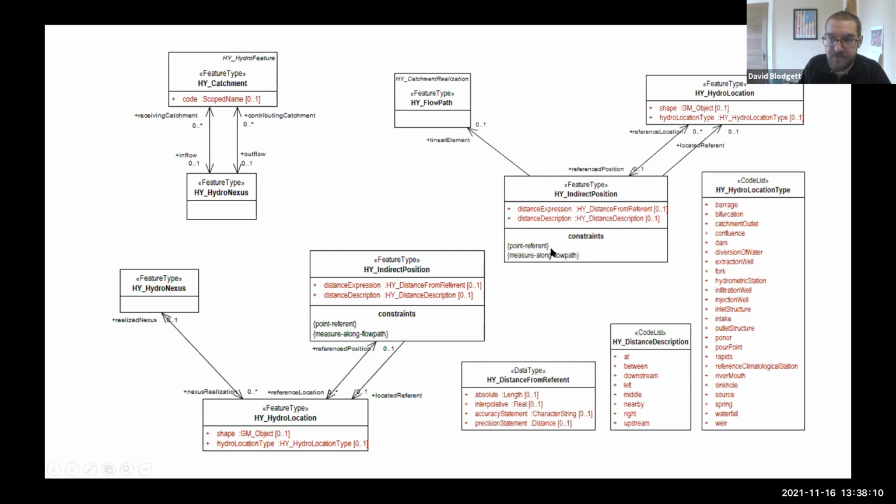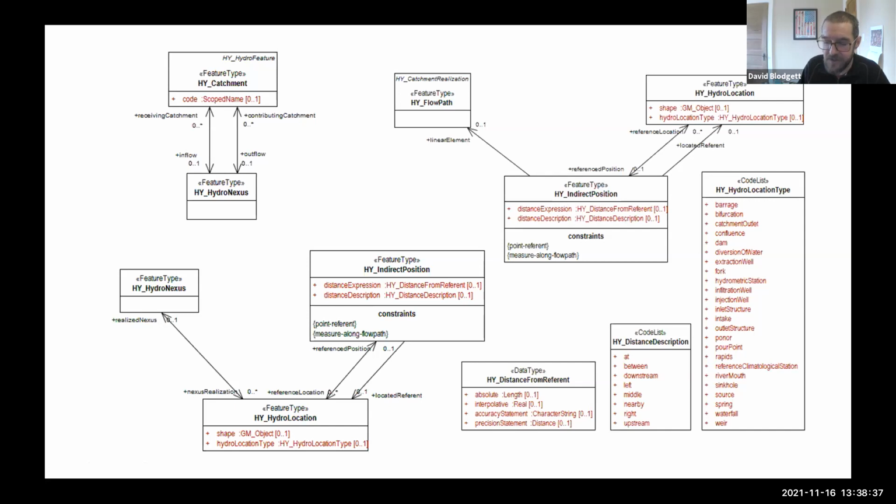And the reason it gets us 90% of the way there is that the really hard problem when it comes to finding indirect positions of generic hydrolocations is, am I on a tributary or am I on the main stem? Because especially in very high resolution hydrographic data, there's always some tributary closer to your gauge house or your gauge point of interest than the flow line for the main stem that the thing is actually on.